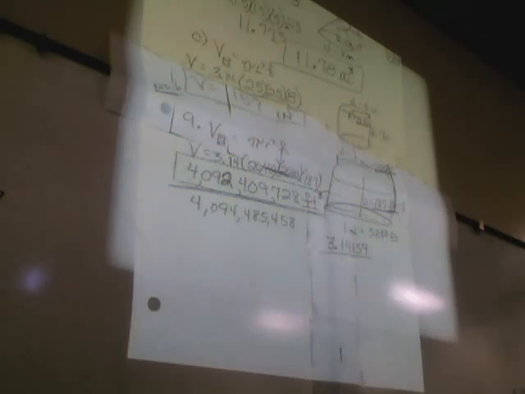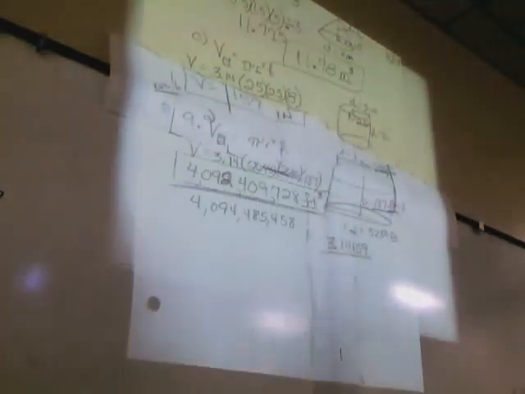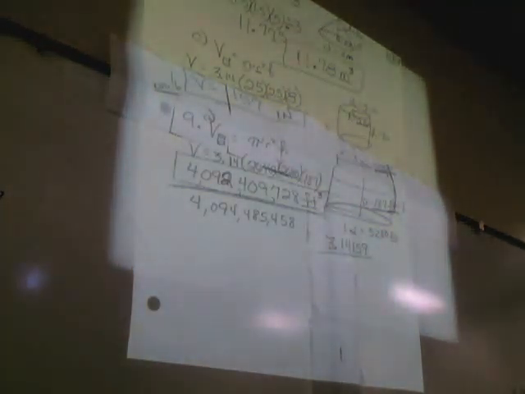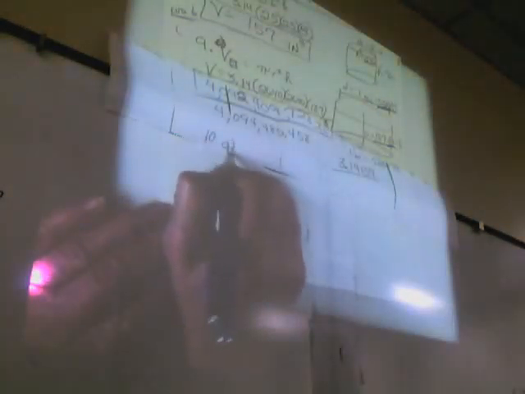Okay, this was just one problem by itself. Number 10, we have an A. First of all, the Alaskan Pipeline is a cylindrical pipe. Of course, all pipes are cylindrical, right?